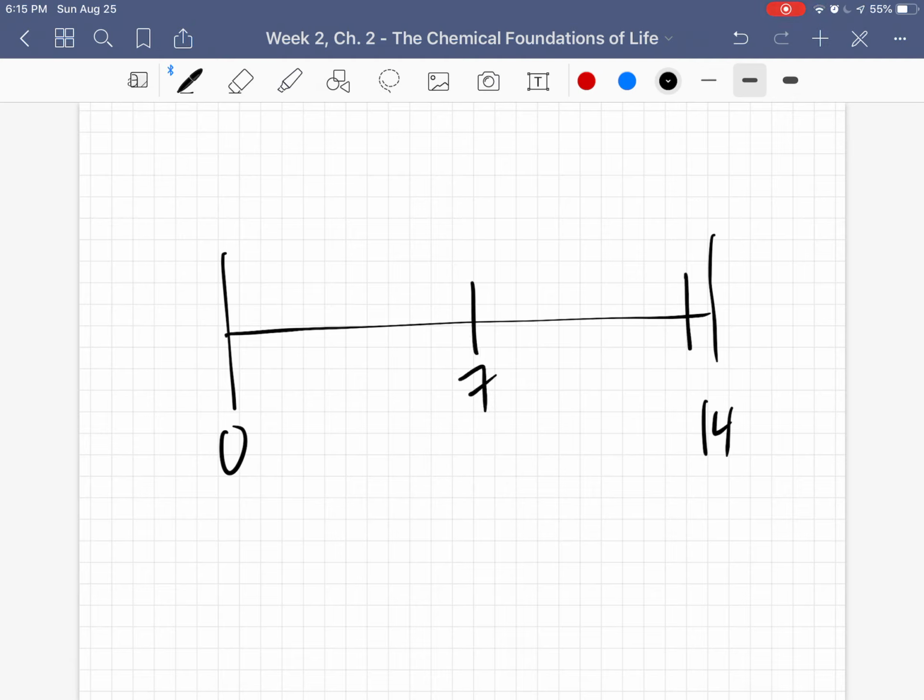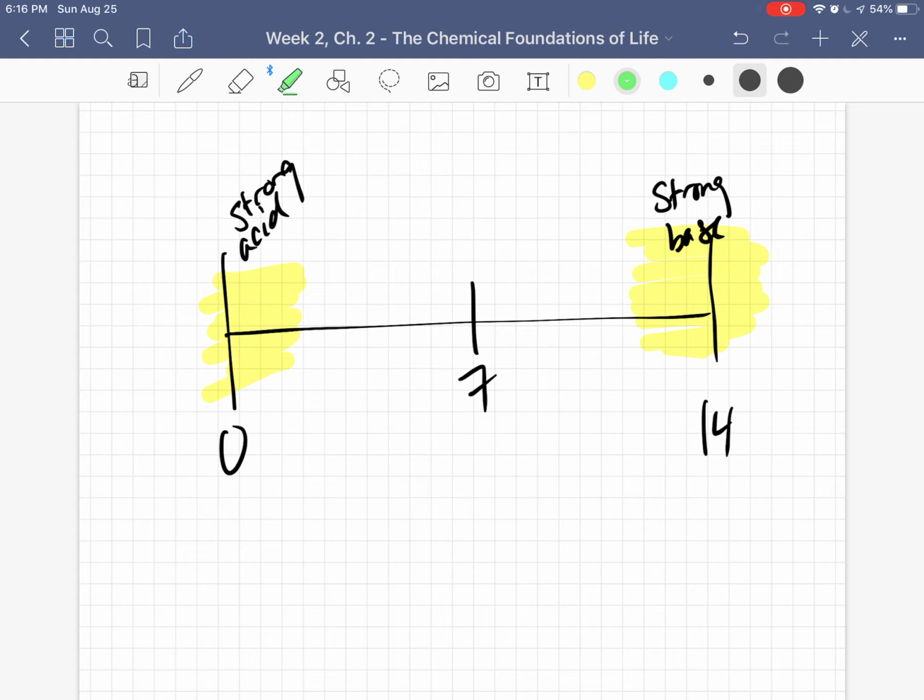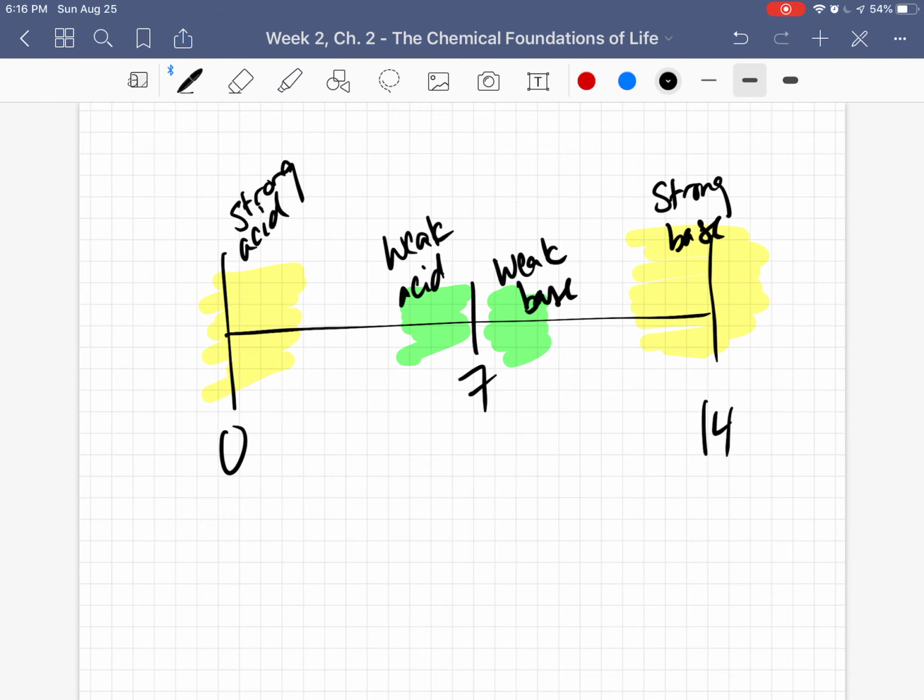The closer you are to 14, right here and right here, these are going to be your strong acids, and this is a strong base. Right here, closer to 7, on either side, is going to be weak acid and weak base.